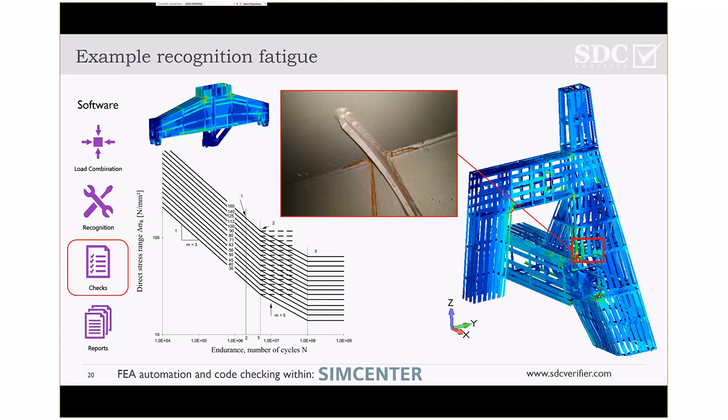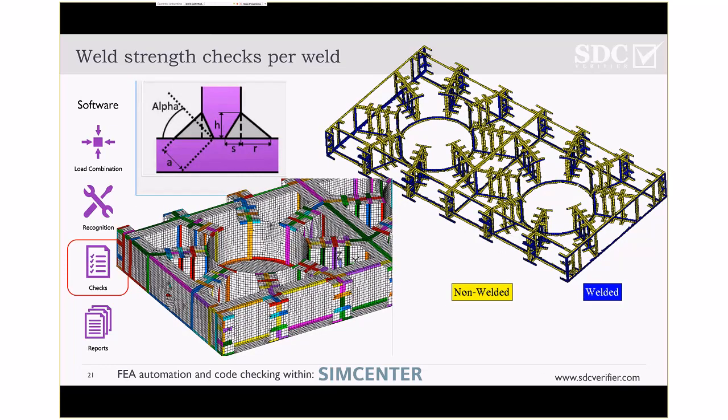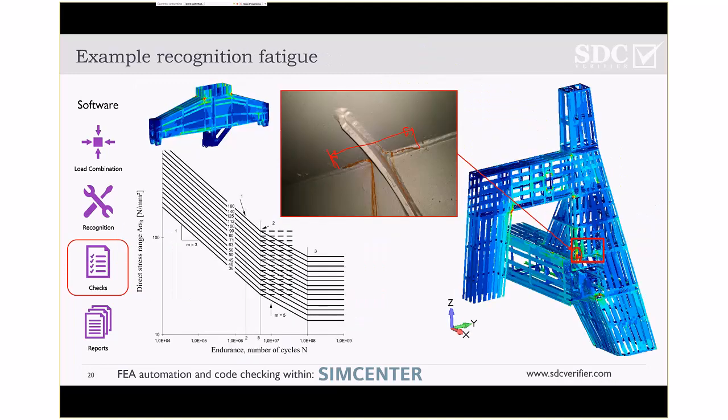So we found overshoots in the weld calculation, and we looked there and found a crack of 20 centimeters wide. So the client was quite happy that we found these things. This is a very good example to show that the recognition within Simcenter is typically something which helps customers do quick fatigue analysis, and realistic ones as well.